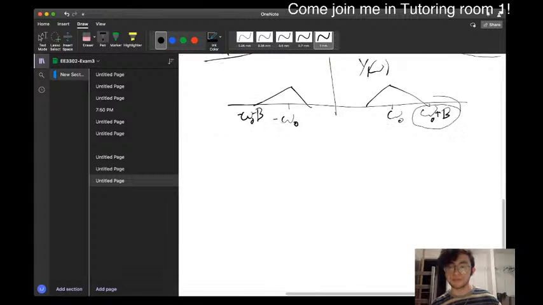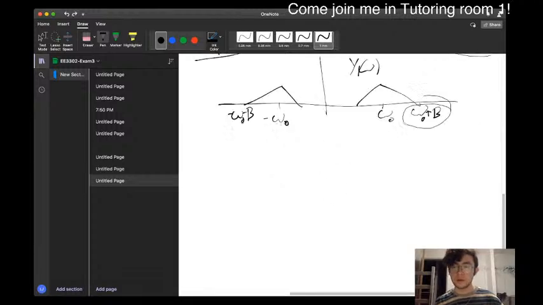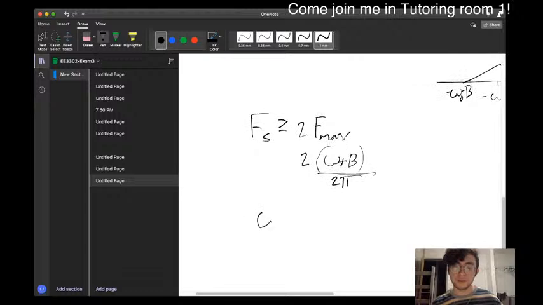So this is 2 times omega plus B. And I'm going to divide by a 2 pi here, just because omega is equal to 2 pi F. So if we want F, then we divide by 2 pi.